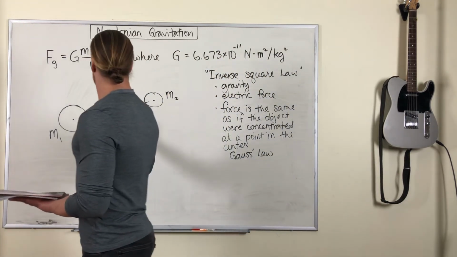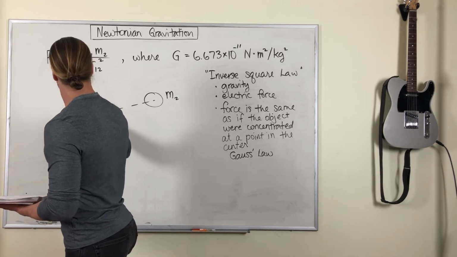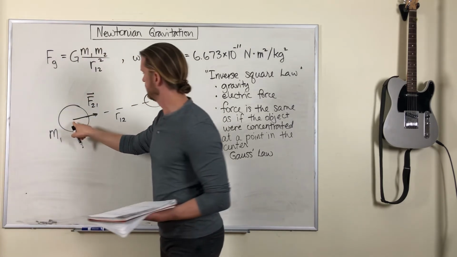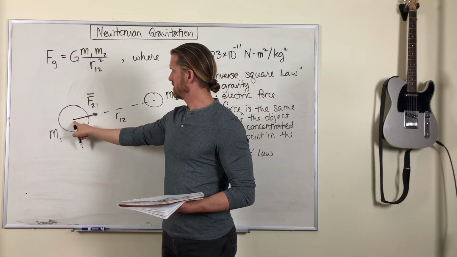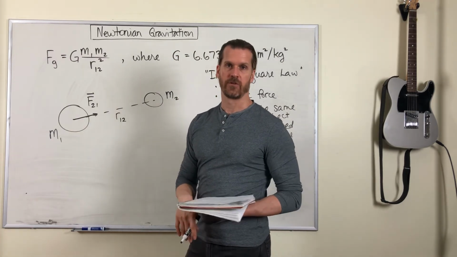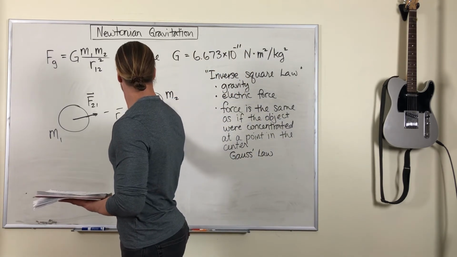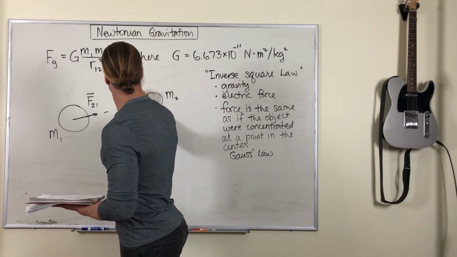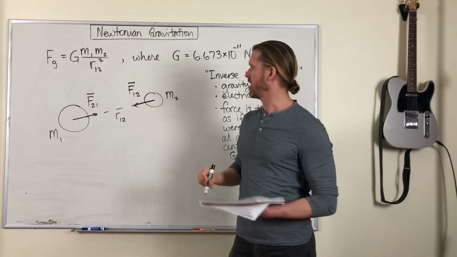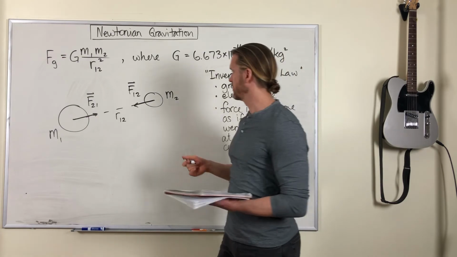So the gravity force of object 2 pulling on m1 points toward m2 from the center of m1. Similarly, the gravity force of object 1 pulling on object 2 points along that line connecting the two objects.